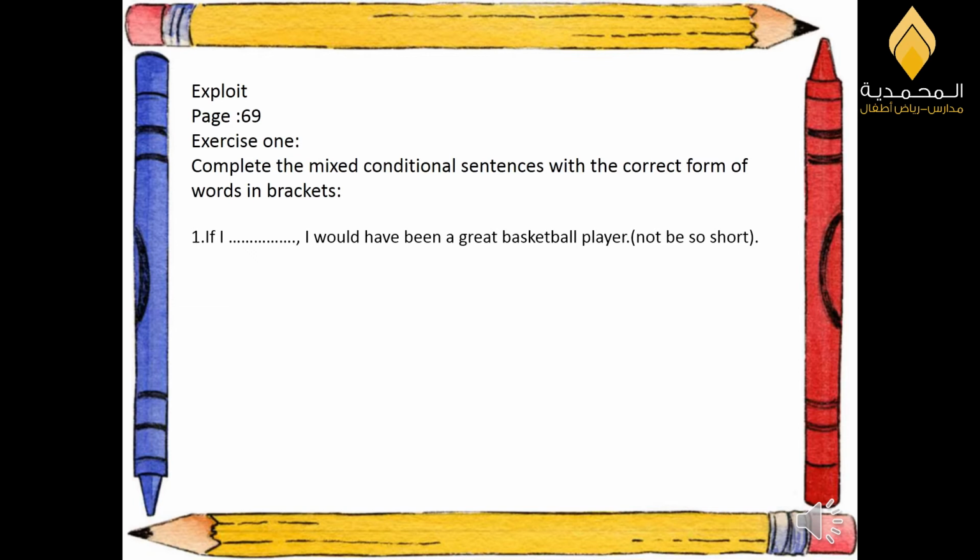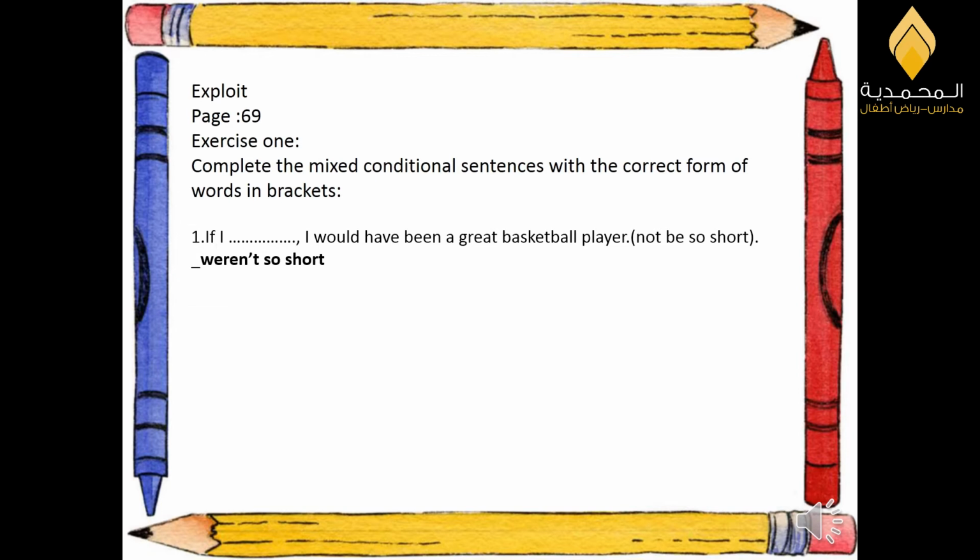When I'm talking about a past result, in the result clause or main clause I use would plus have plus verb 3. So in the if clause, what do I have to put? Simple past, correct? So with I, not be, I have to use were not so short. Let's see the answer. We're not so short. Excellent.